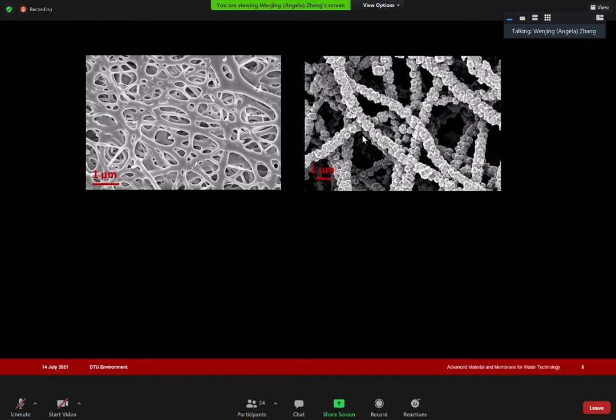And the idea is that by putting those functional particles right on the surface of the nanofiber, we will be able to facilitate mass transport and get direct contact between the particles or catalyst and the gas or liquids we want to have a reaction with.